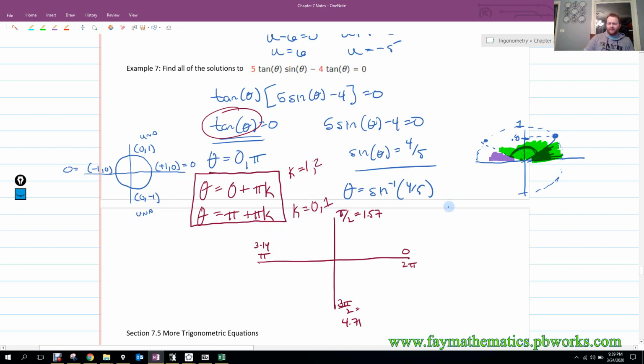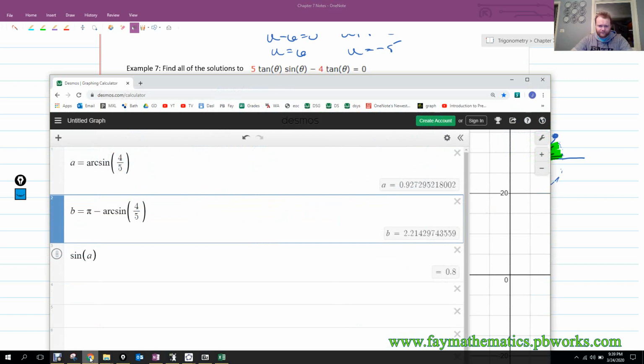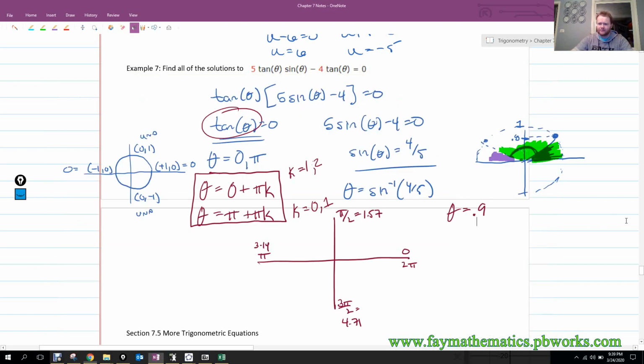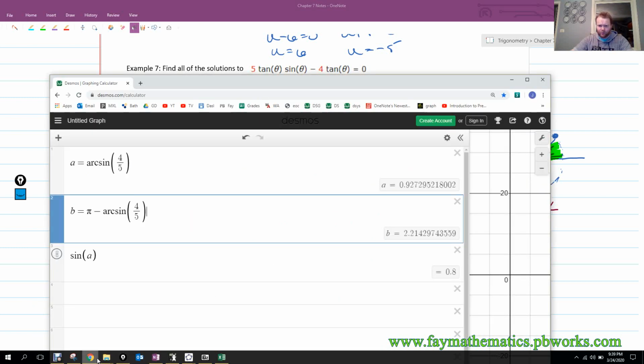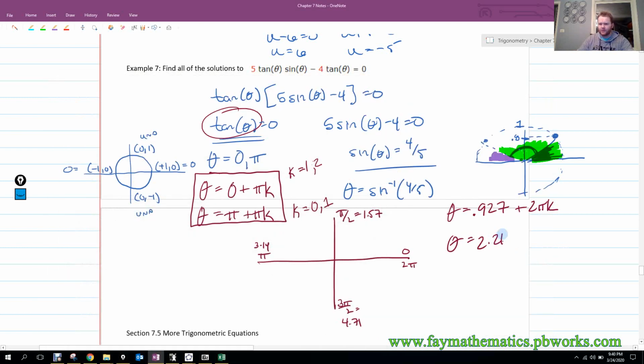Over here with the sine of 4/5, again, the theta was, I think, 0.927. So then we're going to say plus 2 pi k. And the other theta was 2.21 plus 2 pi k. And that would be your series of infinite solutions.